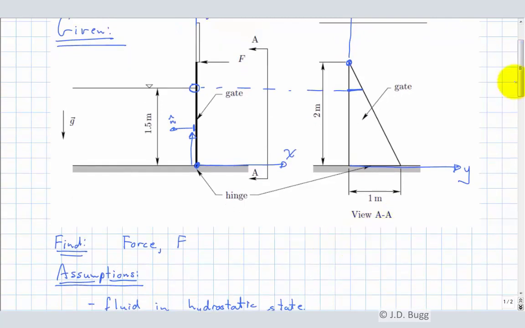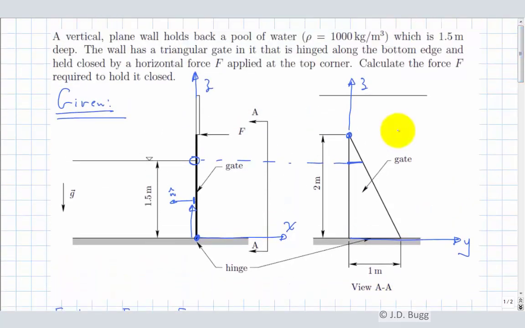At z equals 0, the width of this gate is equal to 1. Down here at z equals 0, the width of the gate is 1. And at z equals 2, up here at the top, the width of the gate is 0. So we can write an equation for the width of the gate as a function of z based on these 2 points. And of course, it's a linear equation because that's a straight line.